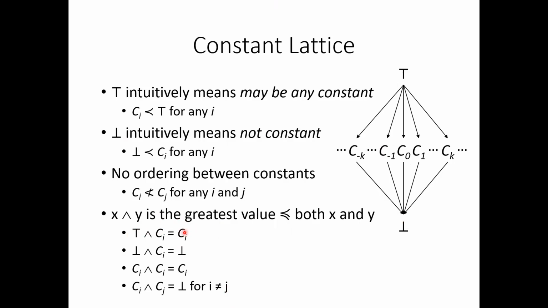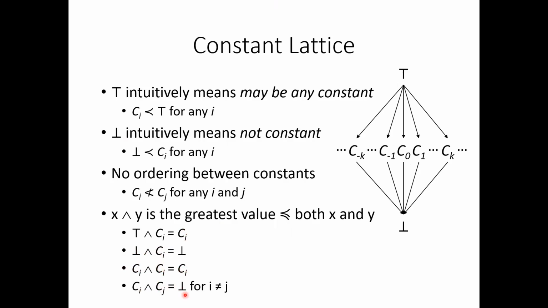When something that is a specific constant meets something that is not a constant, the outcome is going to be not a constant. When two different constants meet at a phi function, the result is obviously not constant. And when the same constant meets, the result will be that constant.